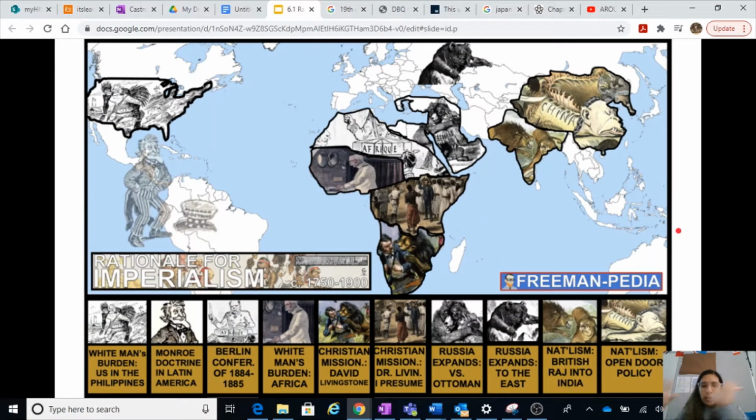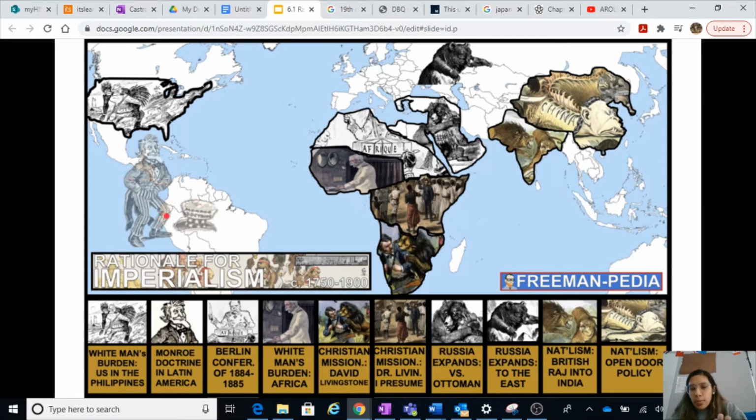So just to give you an overview of this chapter, we're going to be looking at all of these different parts of the world where Europeans were establishing their new empires. We've got Russia represented by the bear. The US is right here, and if you notice, there's a faint Uncle Sam in Latin America, which we'll learn about more later.